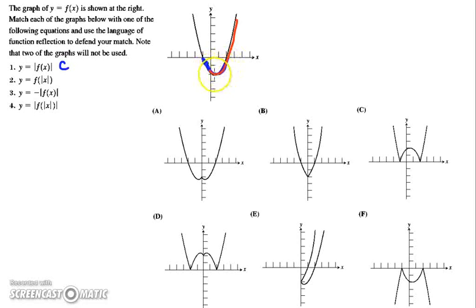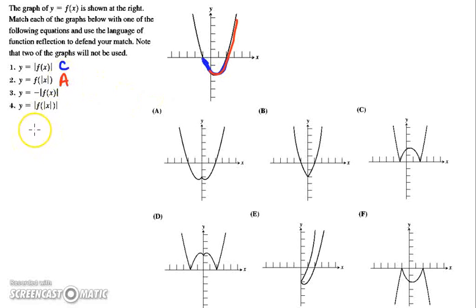So it has like a little dip here, right? The vertex of our parabola is actually to the right of the y-axis, so we're going to have like a little bump down here as well. So if we look, the only one with another little bump is going to be part A. So if we were to take this red stuff and reflect it over the y-axis, we'd get this thing here as well. So that's going to be A.